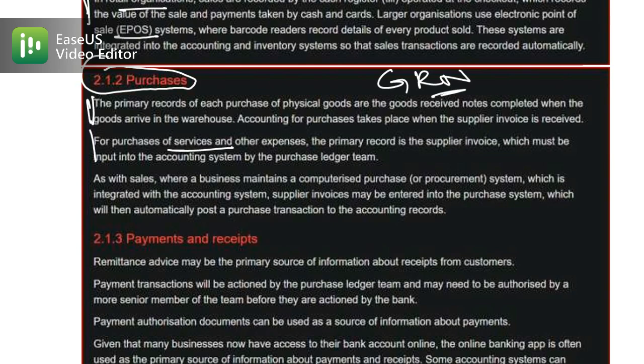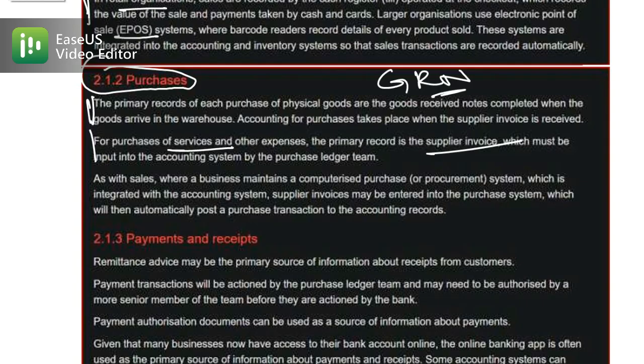Now, why does it matter? Sales and purchases, you know, are the foundation of financial accounting. They affect revenue, expenses, inventory, cash flow, and ultimately profit.